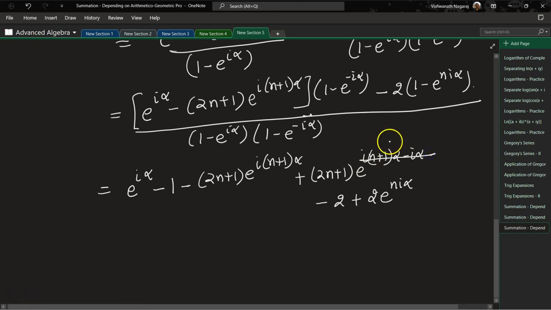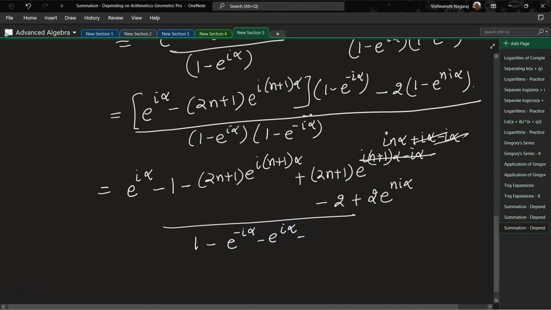Okay, now this can be written as i n alpha plus i alpha minus i alpha. These two cancel out, we are left with i n alpha divided by 1 minus e to the power of minus i alpha minus e to the power of i alpha plus 1.